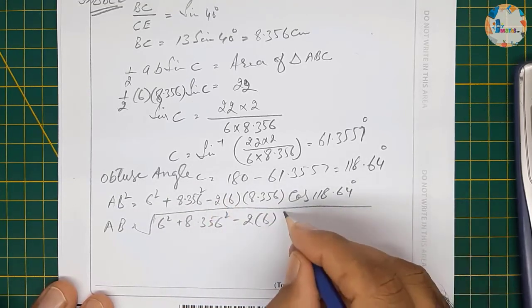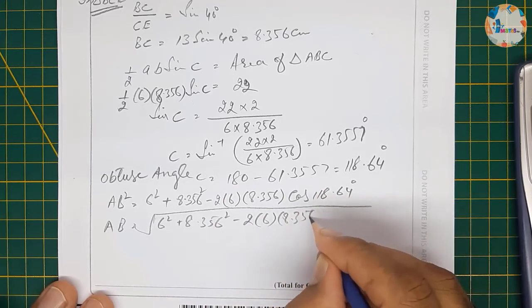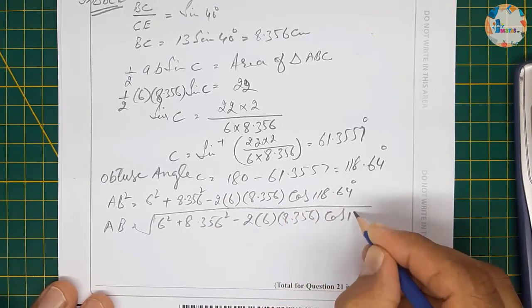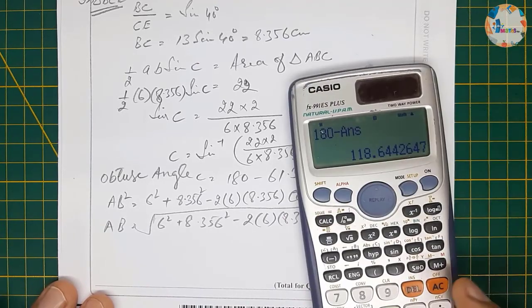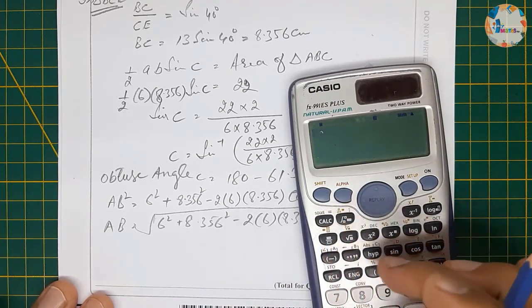I'm just copying this. This will be 8.356 into cos of 118.64 degrees.